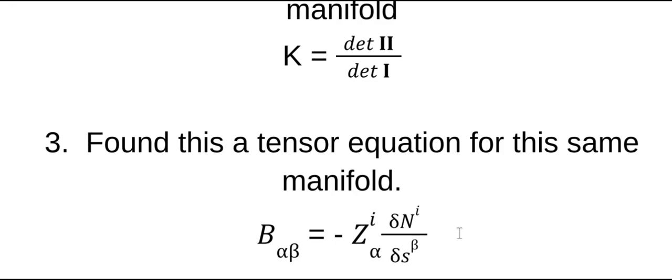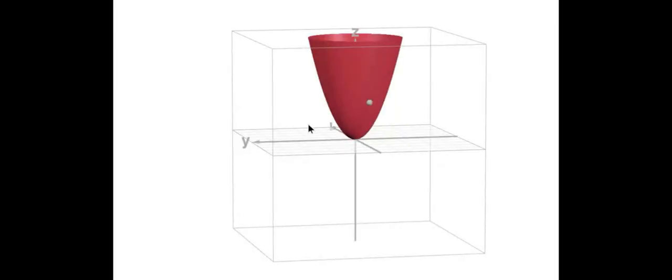Now, up until now we've been referencing a manifold embedded in a space, so let's look at that. Here is a paraboloid embedded in a three-dimensional Cartesian space. This space is called the ambient space, and this manifold is embedded in it. We defined our parameterization: there's a circle that goes around here, we could change that circle to being larger or smaller, and we can change the angle around the circle.